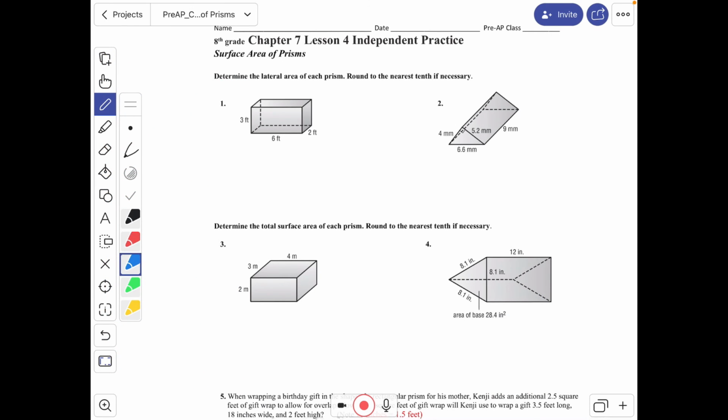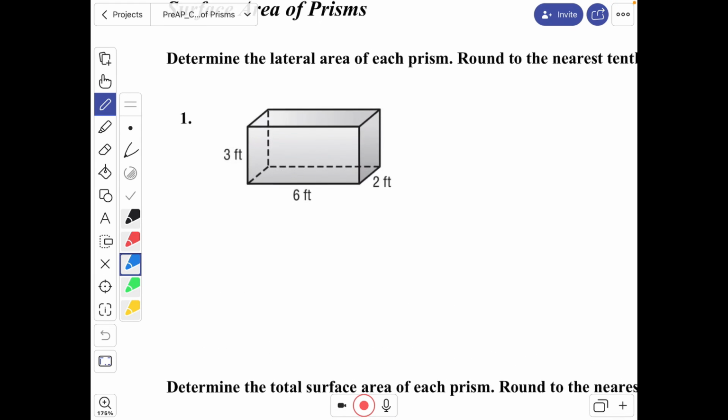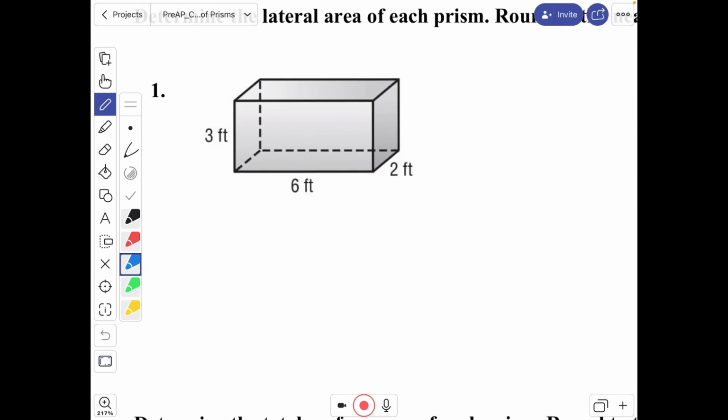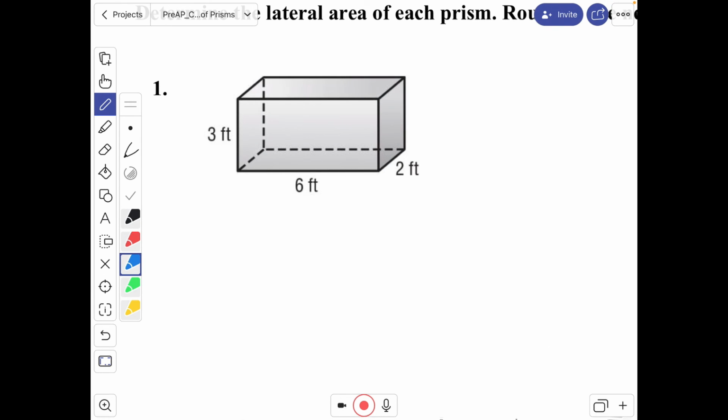Let's look at some of the problems you're going to be doing today. I wanted to go over the ones like number 1, where there is a rectangular prism, because sometimes it's hard to see what the base is. And we need the perimeter of the base. Well, the perimeter of the base, we're going to say, is these end pieces.